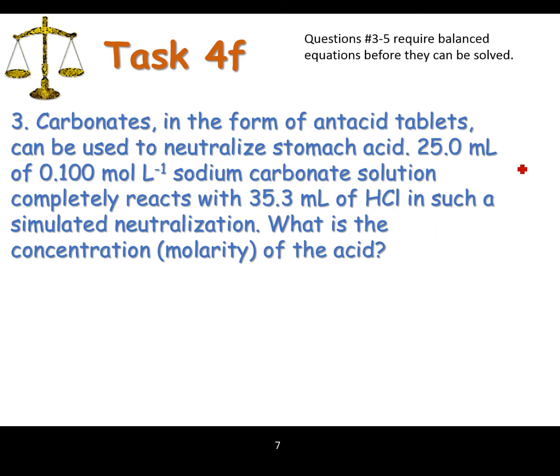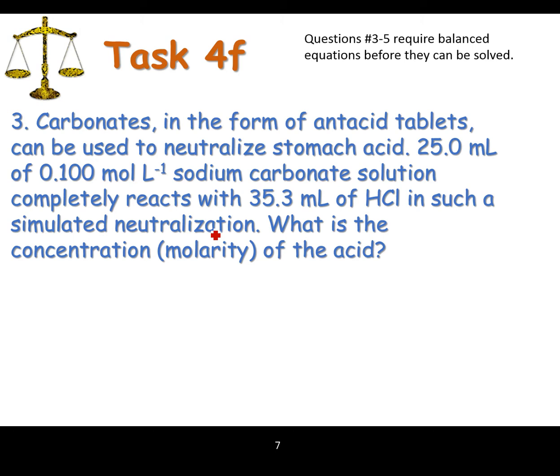Now, for question 3, carbonates in the form of antacid tablets can be used to neutralize stomach acids. We're given 25 mL of a 0.1 molar sodium carbonate solution, so concentration times volume once those are converted properly, we can find the number of moles, and this reacts with 35.3 mL of HCl in a simulated neutralization. So the question is, what is the concentration of our acid?